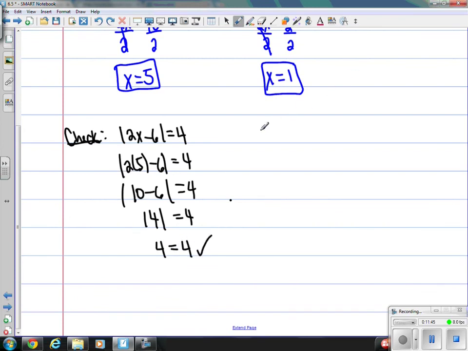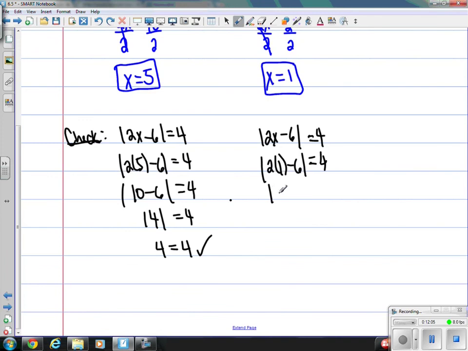So we check. You do the same thing over here. We go back to our original before we messed with it. And when we substitute 1 in for x, I'm sorry, 2 times 1 minus 6 equals 4.